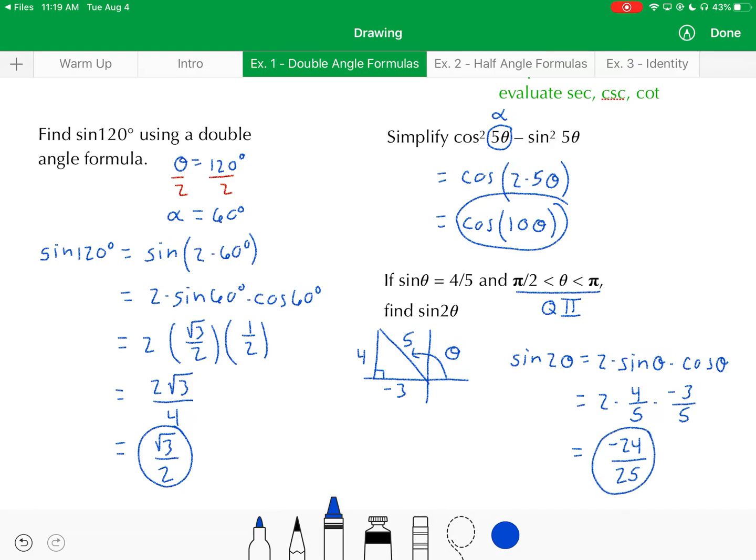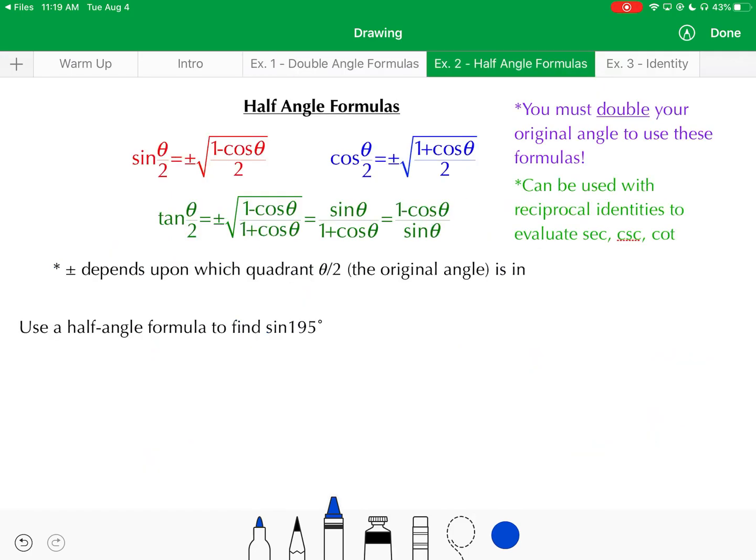Okay, all right, moving into the half angle formulas. All right, the reason these are called half angle formulas is because you're thinking of your original angle as some larger angle cut in half, okay?